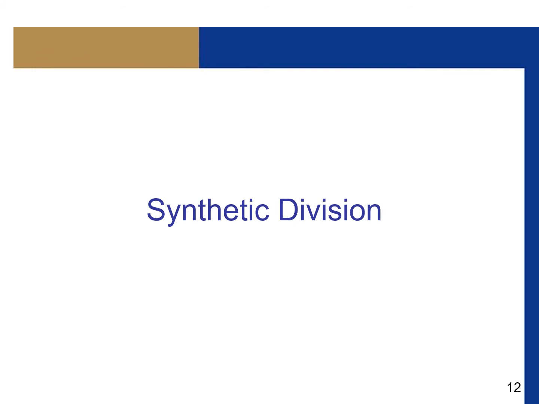Now we're going to look at synthetic division. Now, synthetic division is one of everybody's favorites because it is a simple way of dividing polynomials. We can't always use it because synthetic division only works when you're dividing using a binomial, but it is very handy when you can.